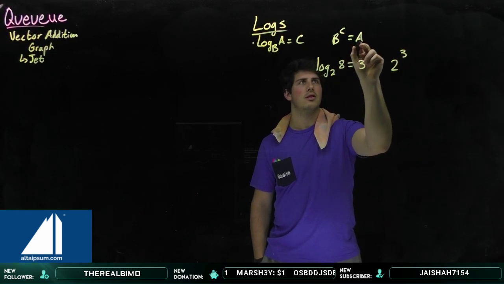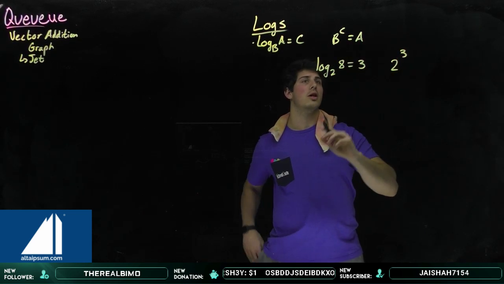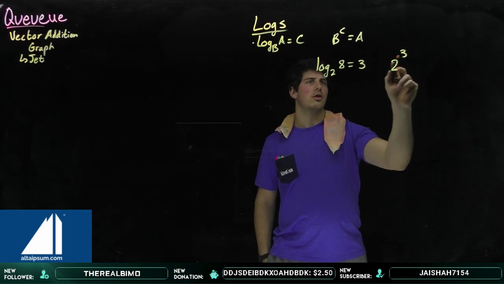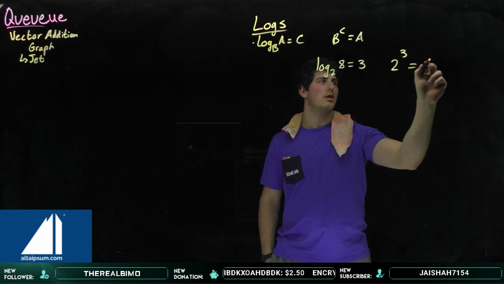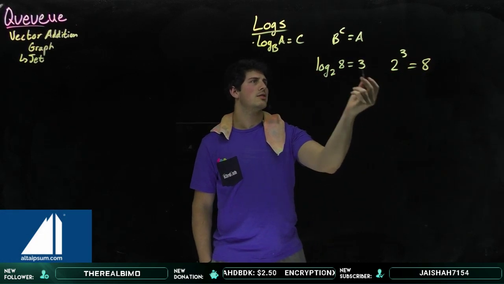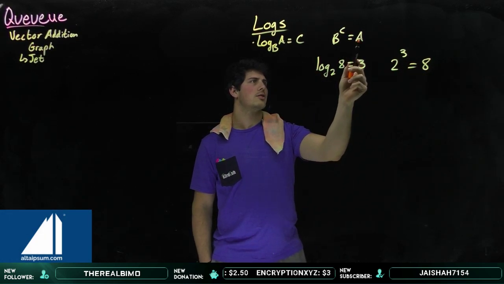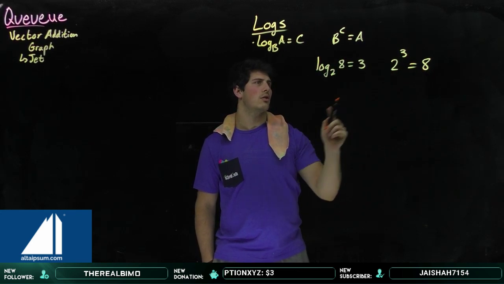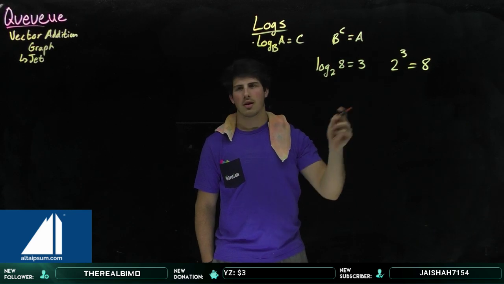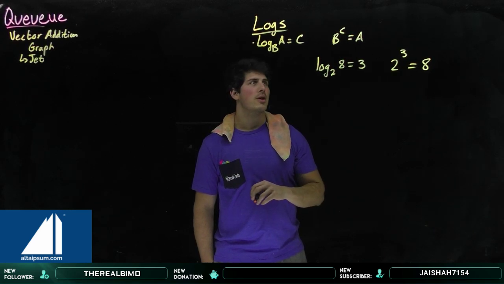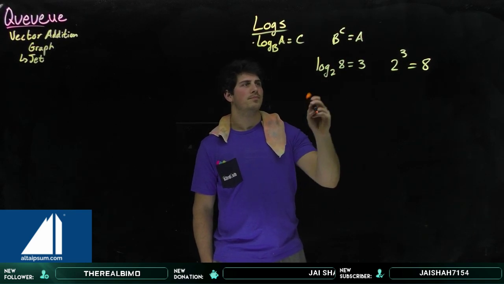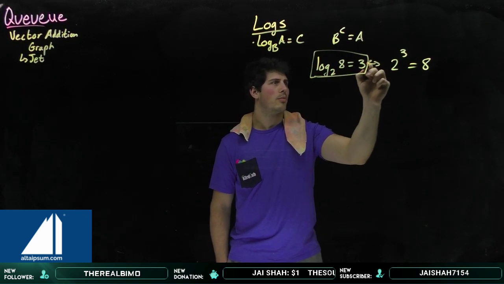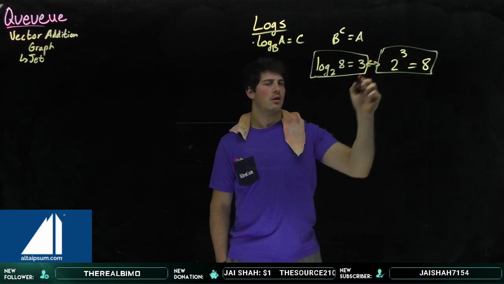The base is b, our answer is now the exponent, and a is now over here. I'm getting all messed up because of the different variables here. This back and forth is the key thing to remember.